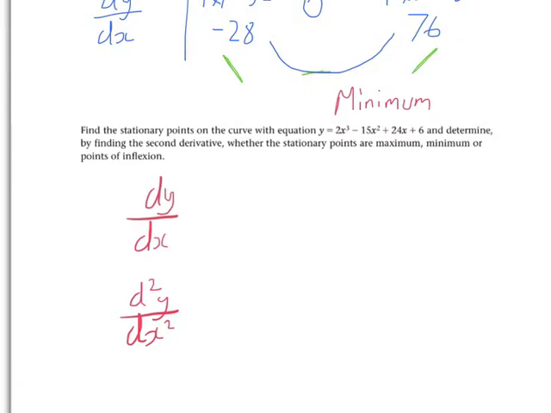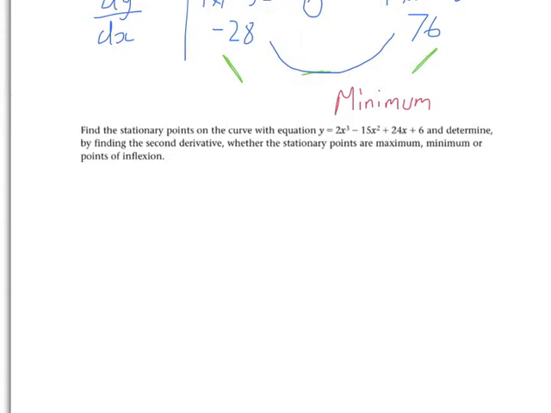So that's what we're going to do. We're firstly going to differentiate just the once, and then find where the x coordinates will be for the stationary points, and then differentiate again to find out whether the stationary point represents a maximum, minimum or point of inflection.